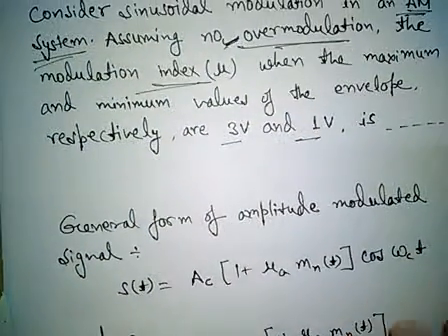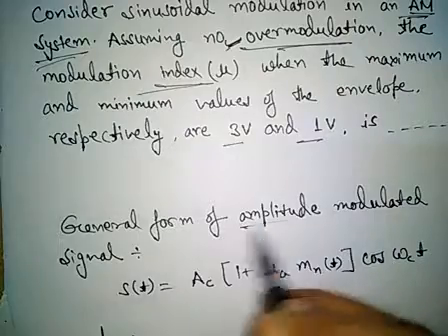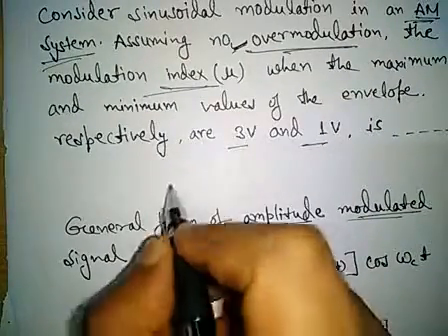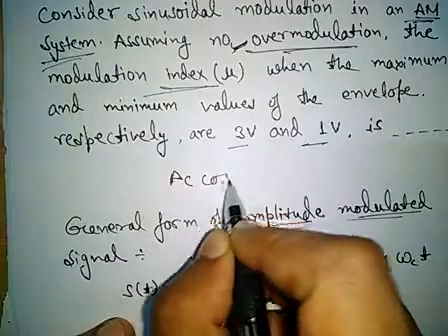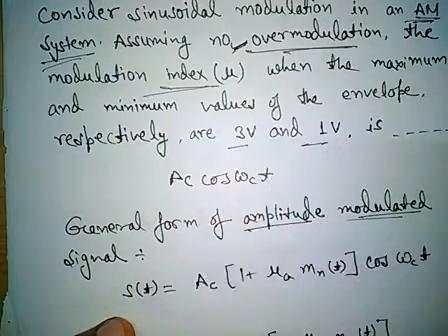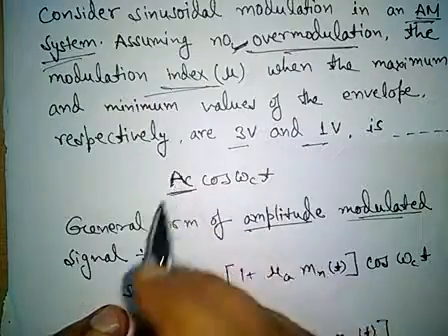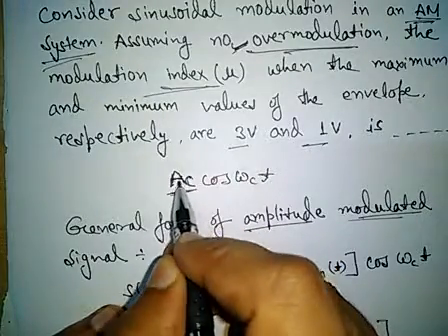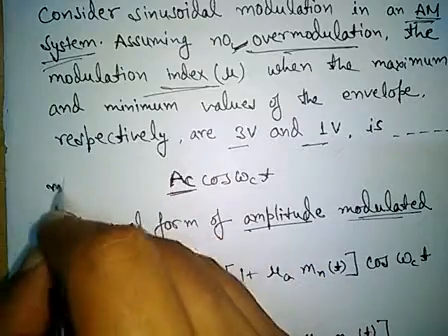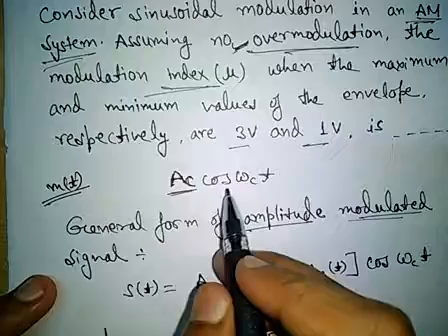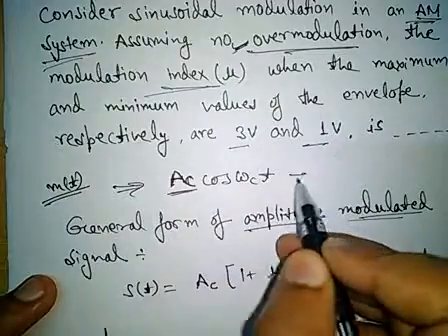The basic general formula of amplitude modulation: if we have a carrier like Ac cos omega ct, and this amplitude is being varied by a message signal, then it is called amplitude modulated.